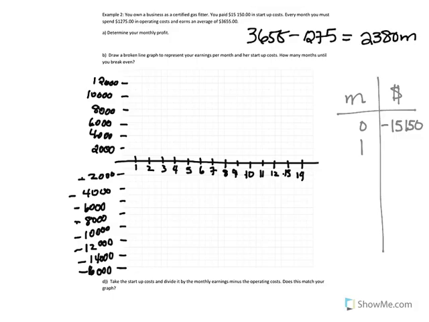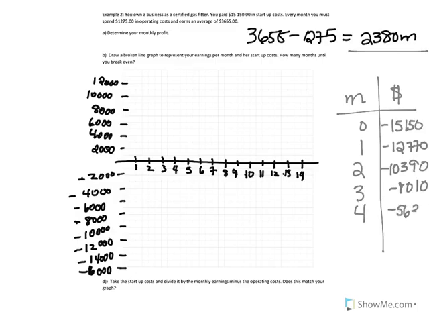At 1 month we've made a profit of 2,380, so I'd add 2,380 to it, and now I'm sitting at negative 12,770. We keep adding it. 2 months, negative 10,390. 3 months, negative 8,010. 4 months, negative 5,630. 5 months, negative 3,250. 6 months, negative 870. 7 months, now we're starting to hit profit.